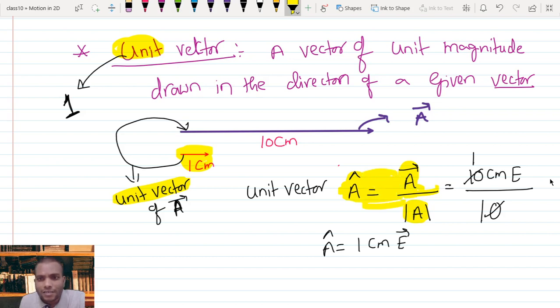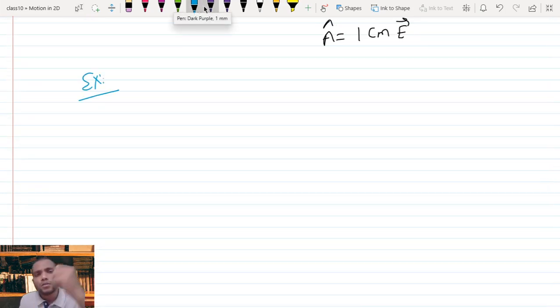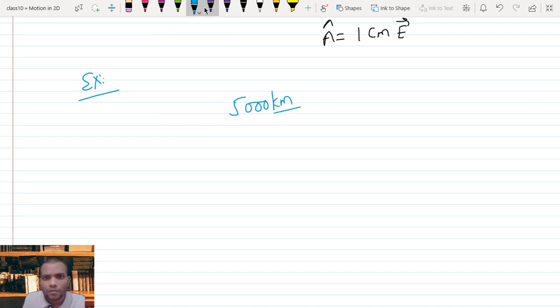We often use the unit vector because sometimes the vector magnitude is given as very large, and representing such a long vector is difficult. Suppose we take one more example. Given a velocity of 5000 kilometer per hour towards the east direction.